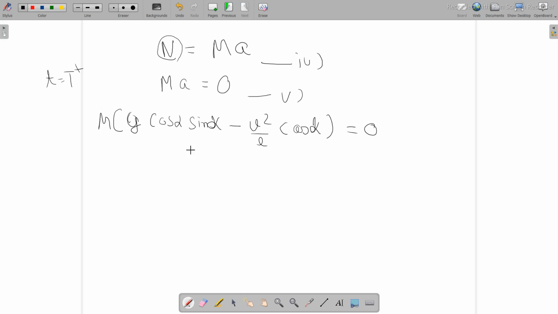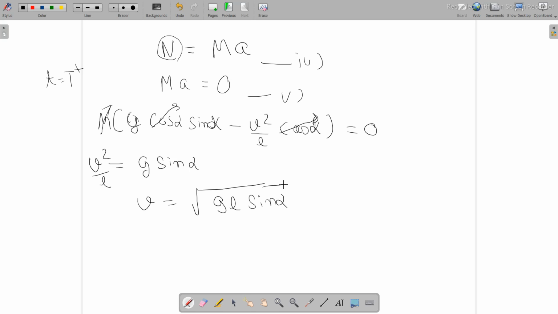Therefore this m gets cancelled, cos and cos get cancelled, therefore g sin alpha is equal to v square by l. Therefore v is equal to under root g l sin alpha.